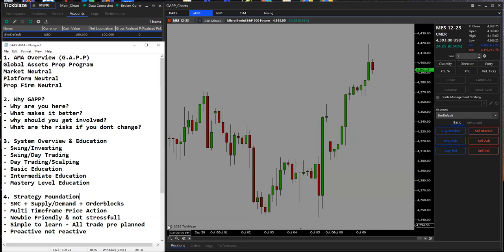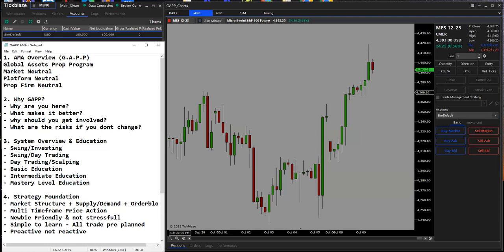So we bring together our own approach to things. We don't rely on just one concept. We rely on a combination of market structure. We don't really use just smart money. It's more market structure, because we have our own rules around it.